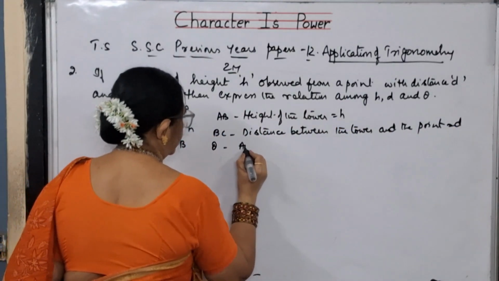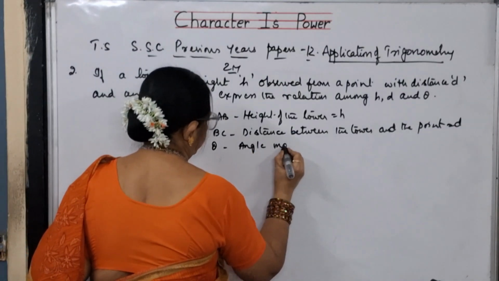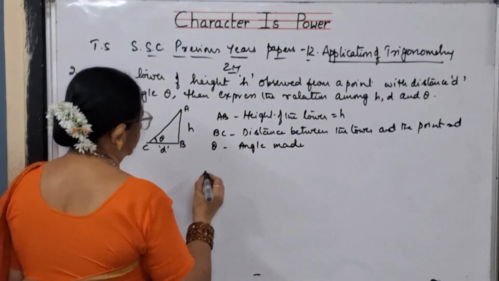Theta is the angle made. Now you need the relation.